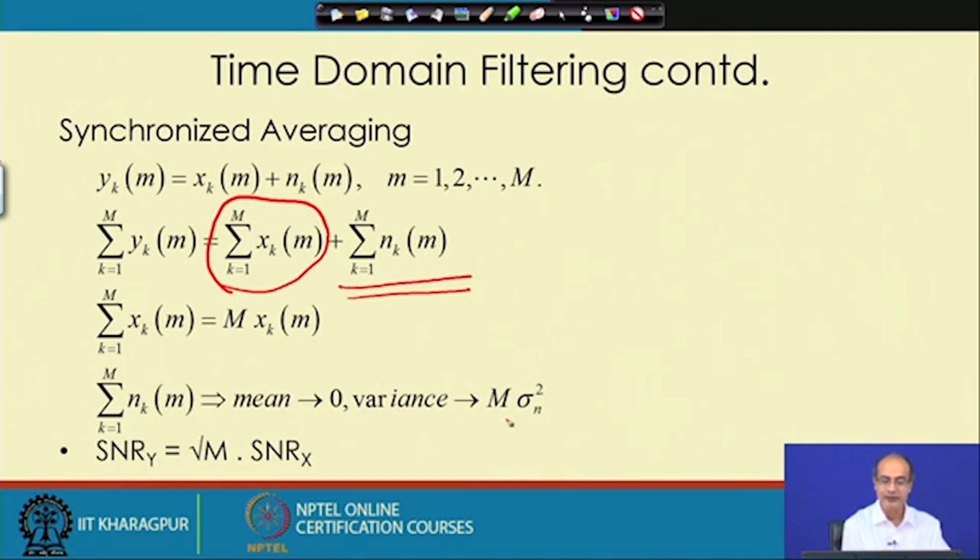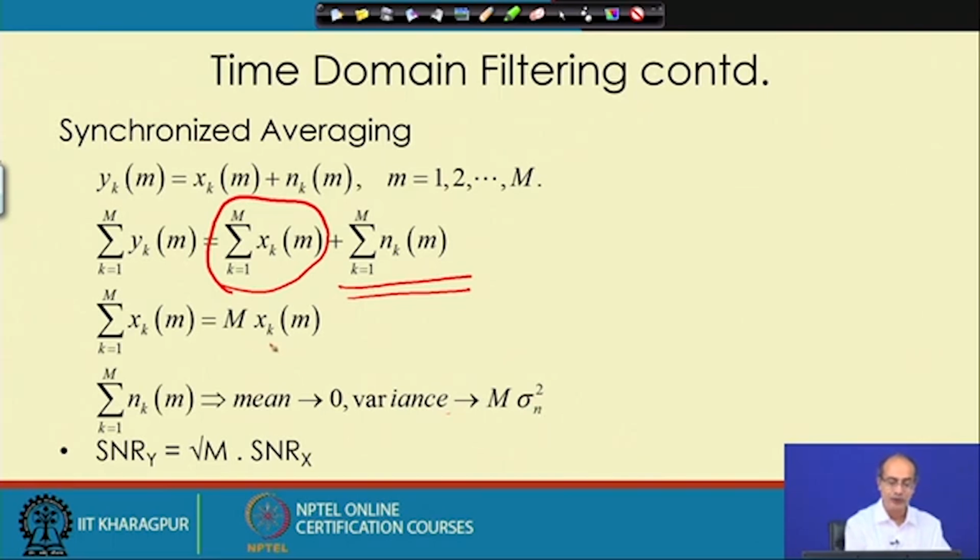However, it has some variance. The variance is not going to 0. When we take the sum, the mean is going to 0, but we get m times the variance of the original noise.